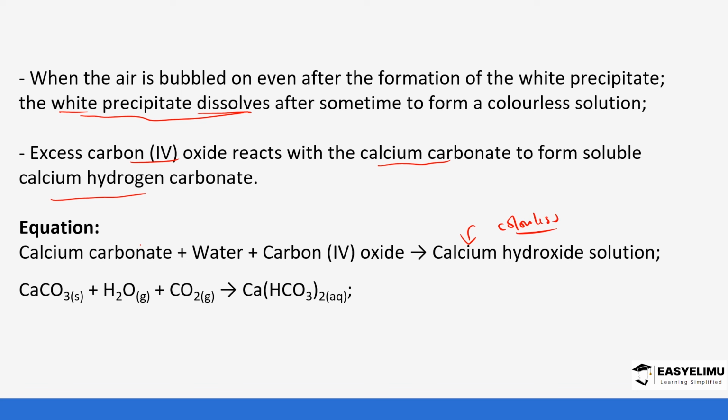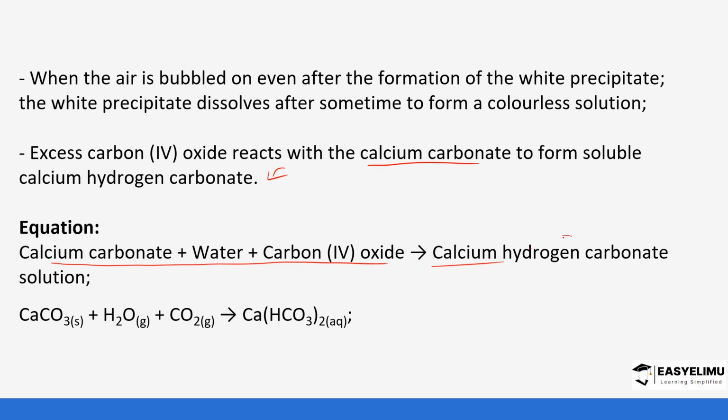So basically you take the product of the previous equation, which was calcium carbonate and water, and you react it with more carbon dioxide. When you react it with more carbon dioxide, it forms the calcium hydrogen carbonate, which is shown in the equation.